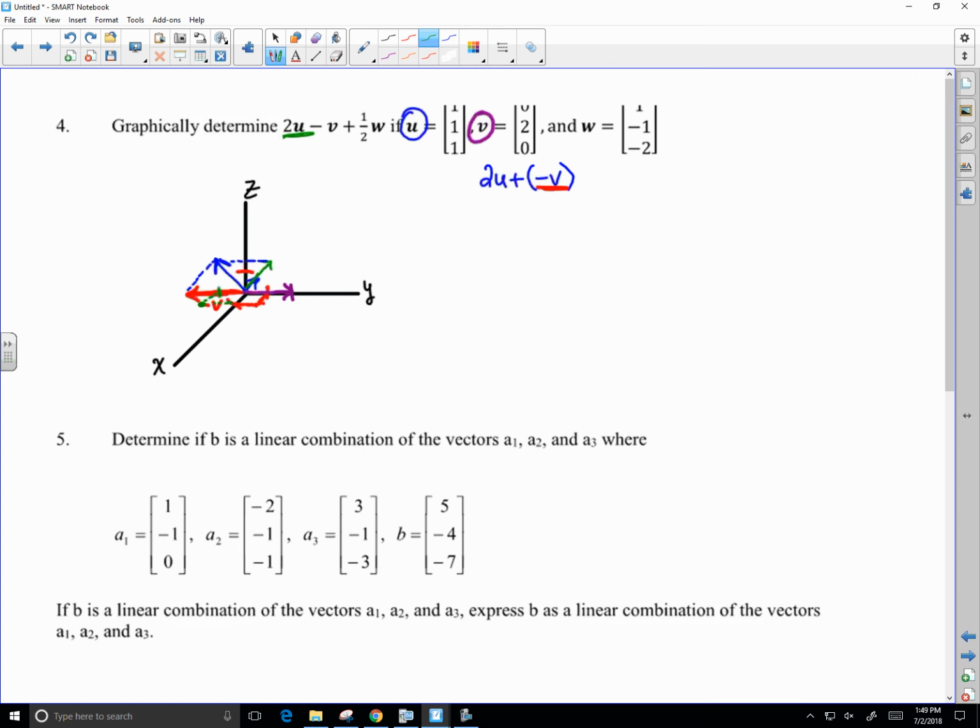So it's going to be right around here. All right, so that's my W coordinate. I want that to be a vector, so connect it to the origin, throw an arrow on it.